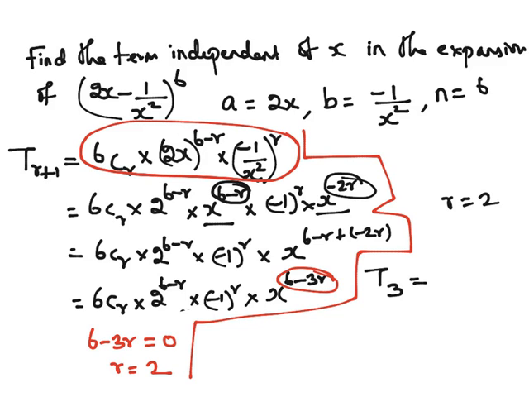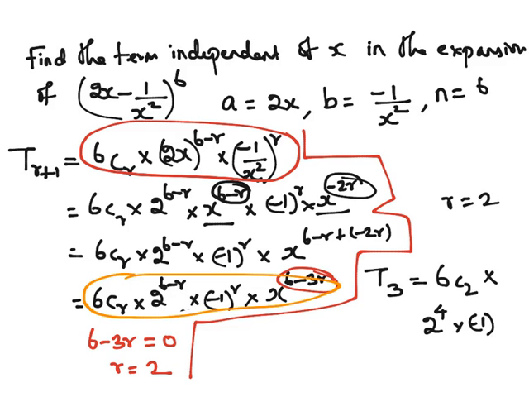Please don't do it. You should always do it in the last step. That's always advisable. So you'll get T3 equal to 6C2 multiplied with 2 power 4 multiplied with minus 1 squared multiplied with x power 0.